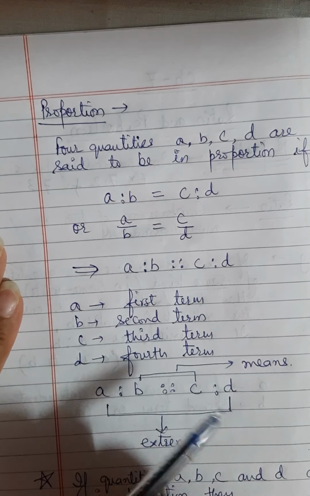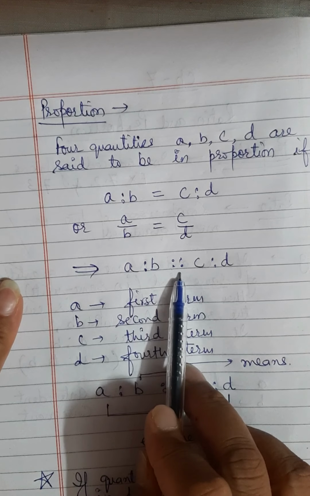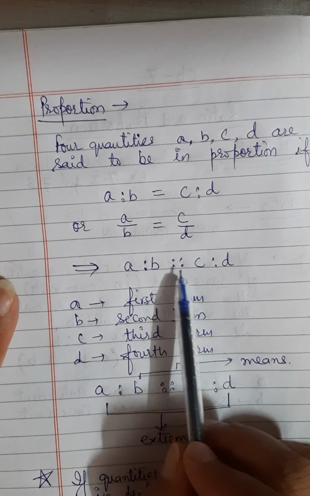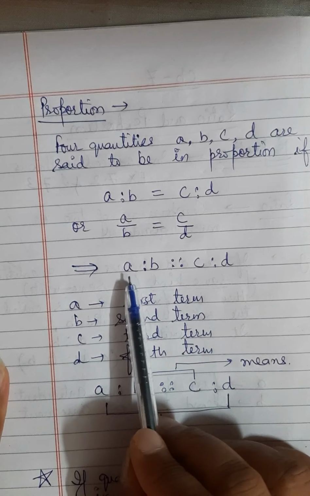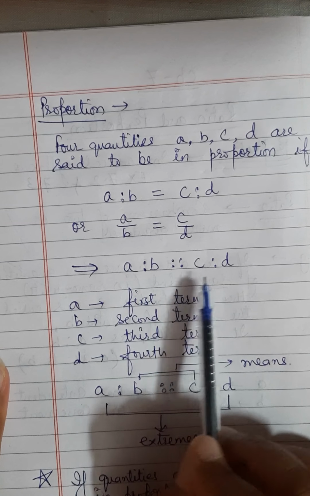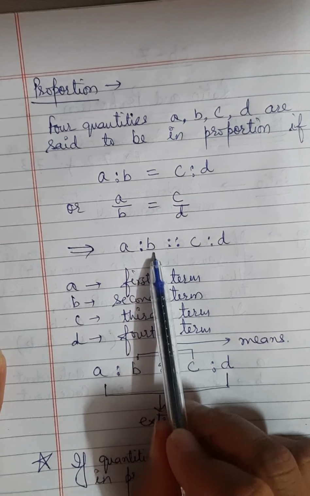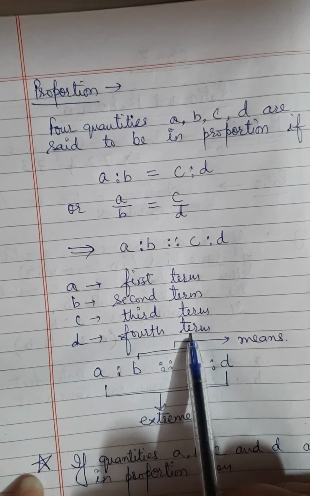And we write proportion like this: A is to B, and the four dots are the sign of proportion. So A is to B proportion C is to D, where A is the first term, B is the second term, C is the third term, and D is the fourth term, right?